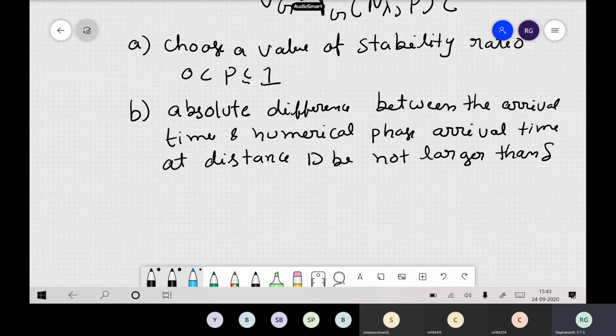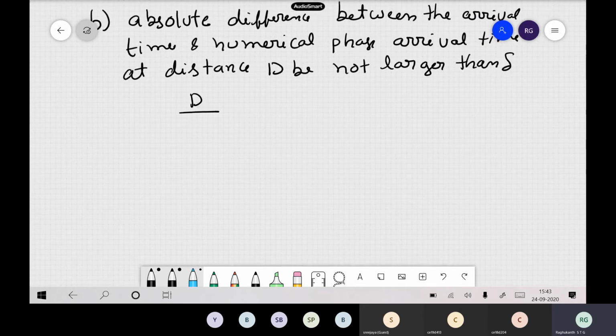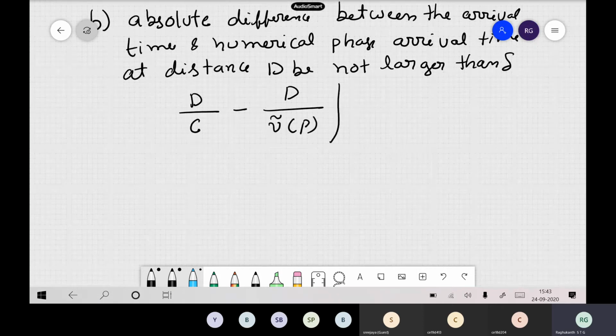This is another criterion. In the analytical medium, if the distance is d, the phase velocity is c. Now in our medium, the phase velocity depends on p. So our criterion is that this difference should be less than some delta, which we also have to fix.